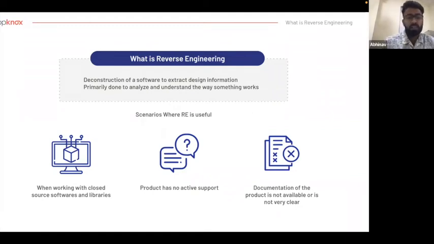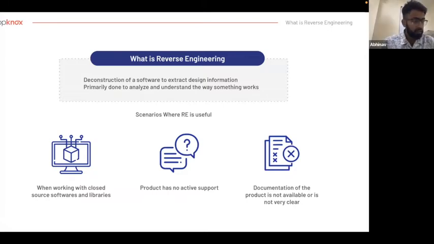What are some of the useful scenarios where reverse engineering could be useful? When you're working with closed source libraries, that means the source code is not available and you might run into some issues, maybe some errors. To help fix those or understand what went wrong, you can use reverse engineering.